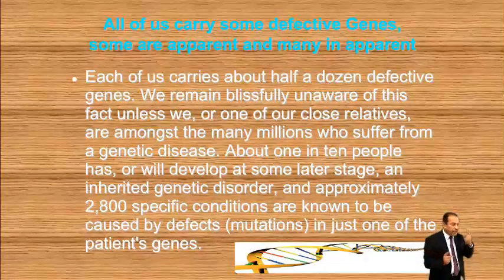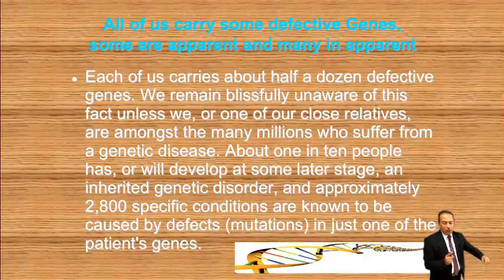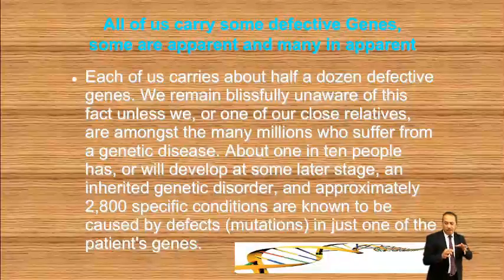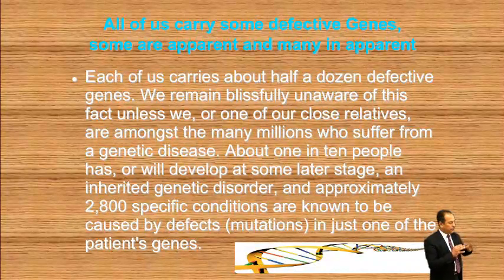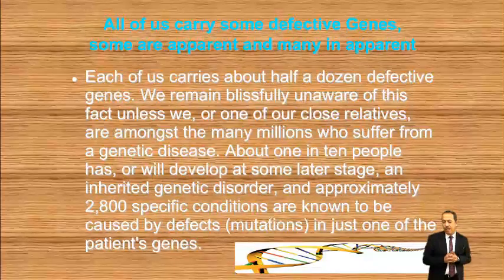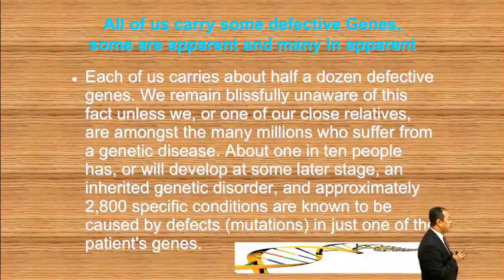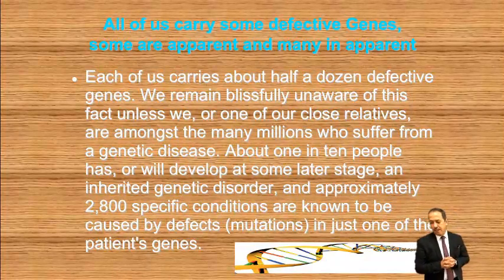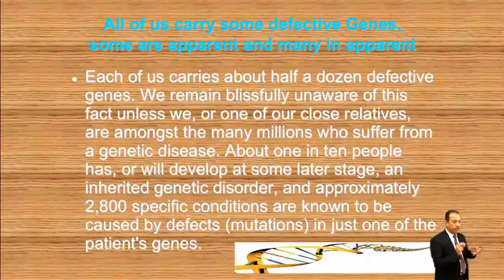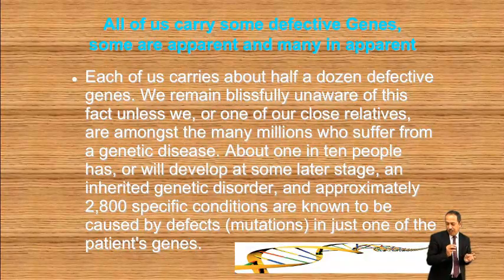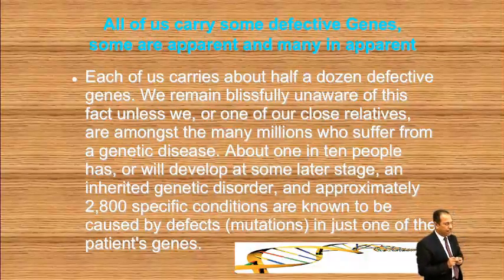About 1 in 10 people has or will develop at some later stage an inherited genetic disorder, and approximately 2,800 specific conditions are known to be caused by a defective mutation in just one of the patient's genes.